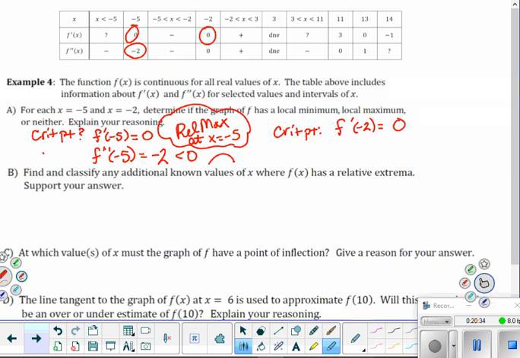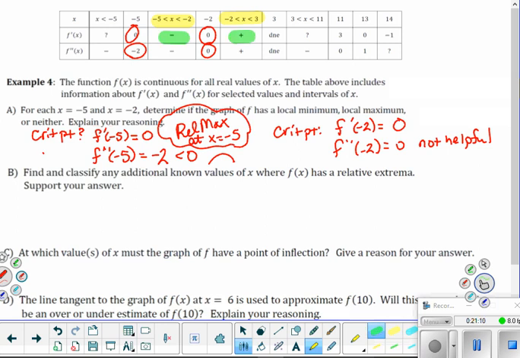At x equals -2, we've got to look at the second derivative. Second derivative gives us 0. That's not helpful, is it? Not helpful. Okay, but when I look at this table, it's written just a little bit differently. It gives us intervals around the point. So I could really do a sign chart at -2. Oops, not that second derivative. I could do a sign chart for first derivative.